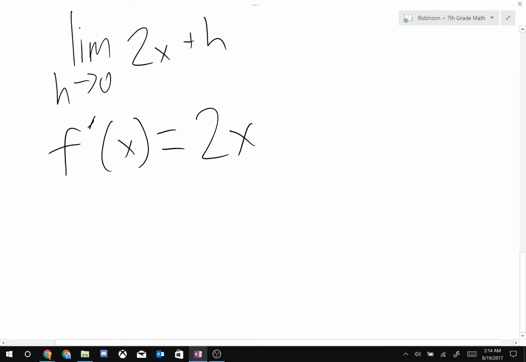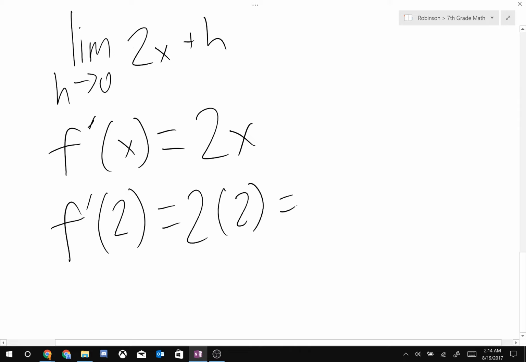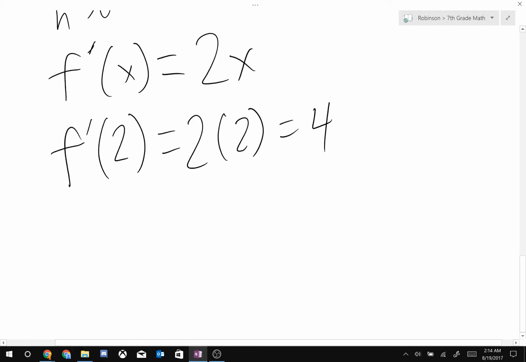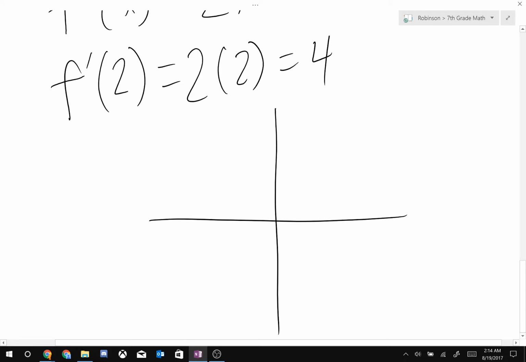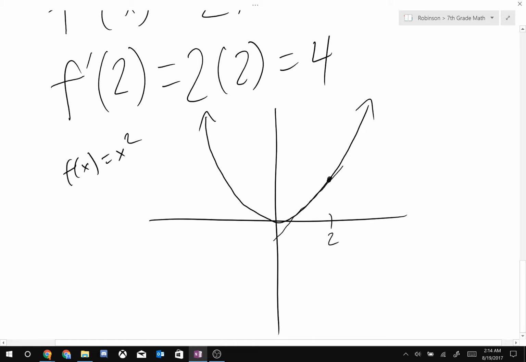All that I have to do is take that x value and plug it in to this new function that we found. F prime of 2 is going to be equal to 2 times 2, which is equal to 4. So, in our graph of y equals x squared, the instantaneous slope at the point x equals 2 is 4.